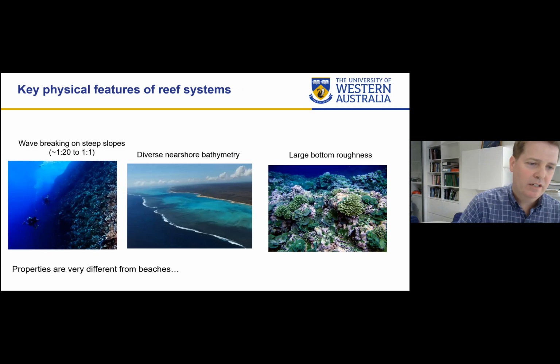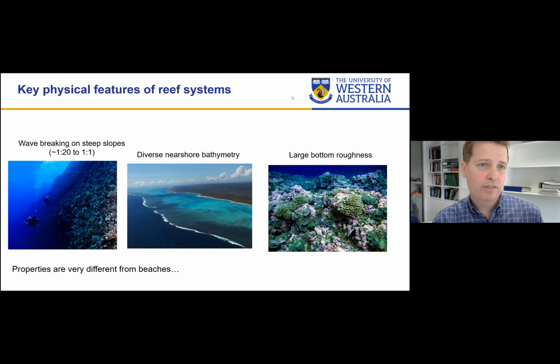And one of the challenges, and why these processes are very different in the surf zone of reefs, is because of the key physical properties of reef morphology. So when waves encounter reefs, reefs typically form out of deep water. So they often have very steep slopes relative to mild sloping beaches, where we have 1:20 to 1:1, near vertical. That really affects how waves break.